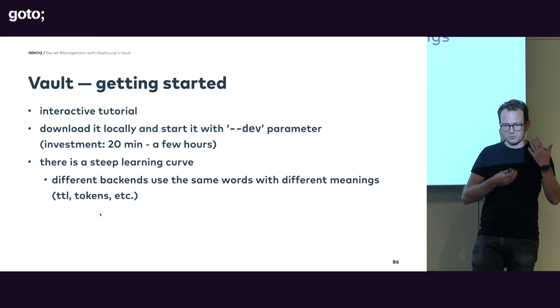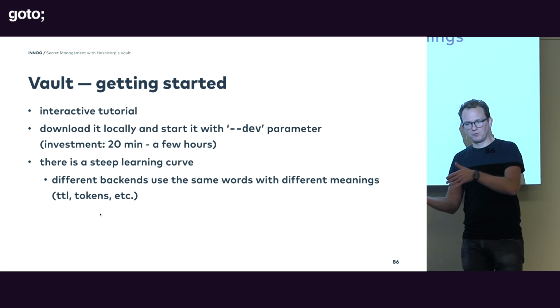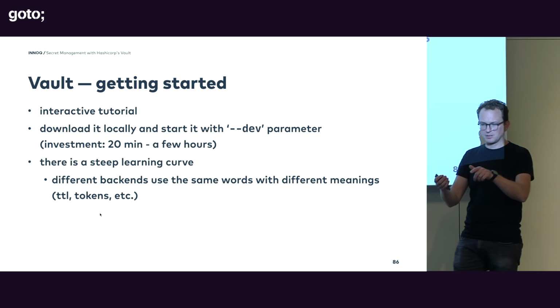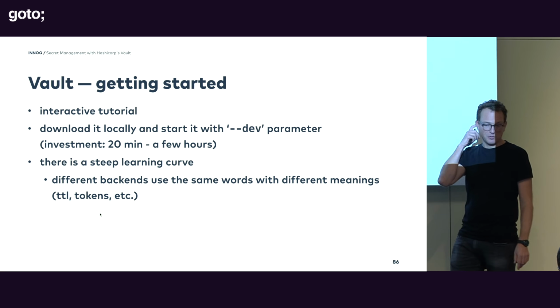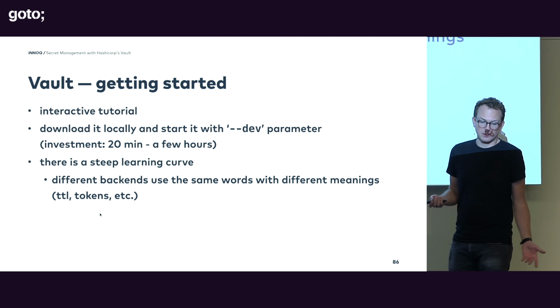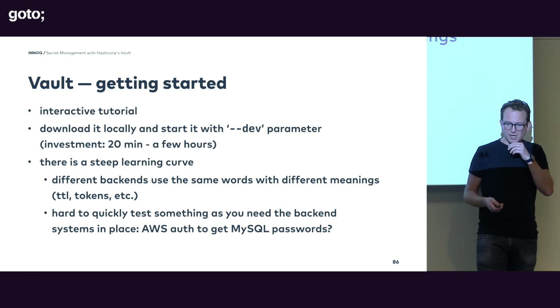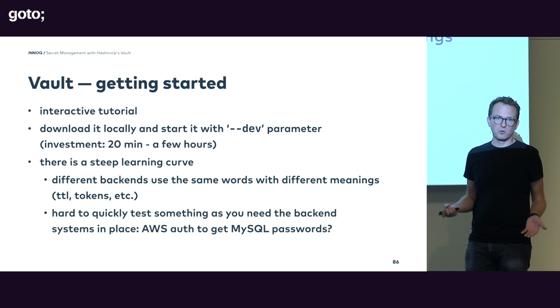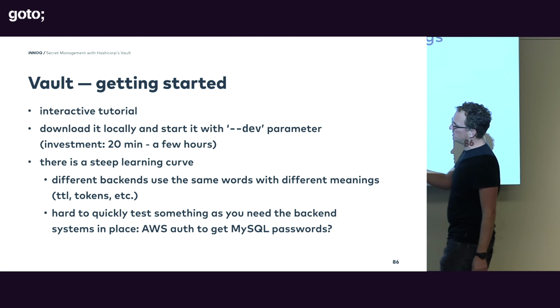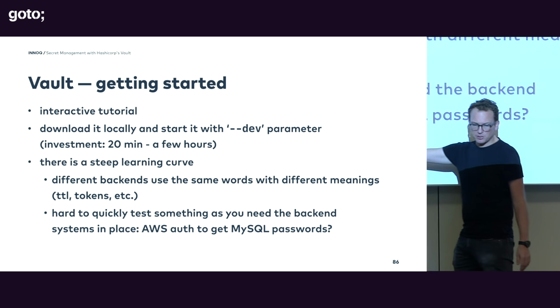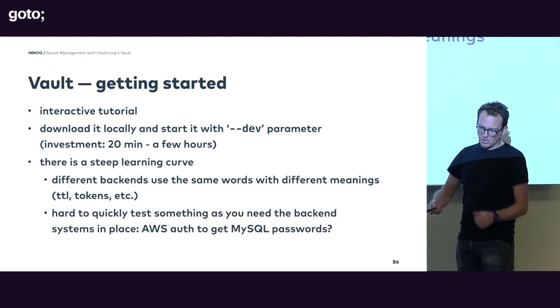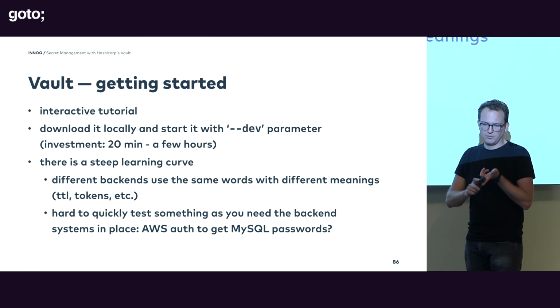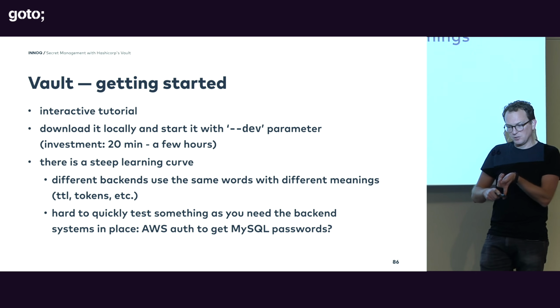And in the first weeks, it was always like, okay, we have this certificate and this certificate, it's TTL, this is a token, oh no, it's this other kind of token. So there's a lot of complexity, actually. And getting started is kind of hard. It's hard to really test something quickly, because if you want to test this AWS authentication thing in order to get some MySQL password for your database, you have to have access to AWS, you have to have a user that is allowed to create other users.